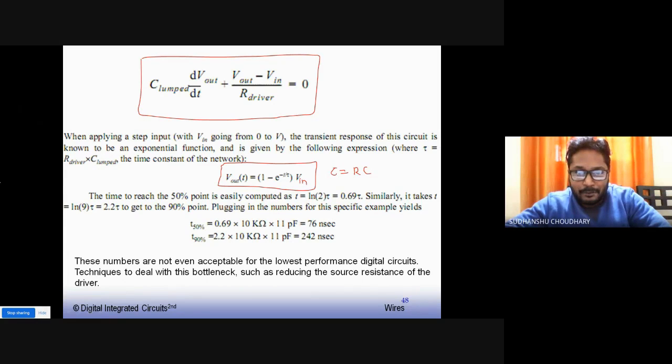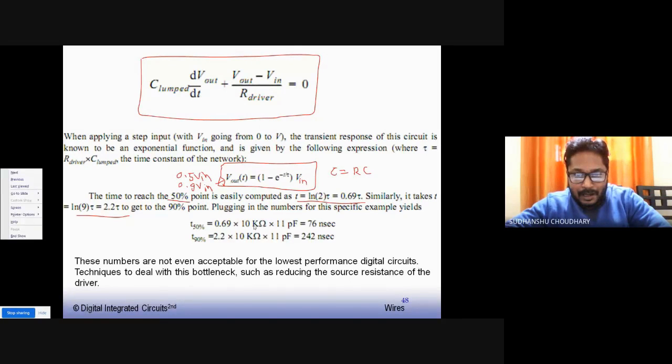Now for the 50% point, you have to put V out as 0.5 V in, right? So put V out as 0.5 V in and you get the delay equal to 0.69 RC. Similarly, if you put V out as 0.9 V in for 90%, you will get this 90% delay as 2.2 tau or 2.2 RC.